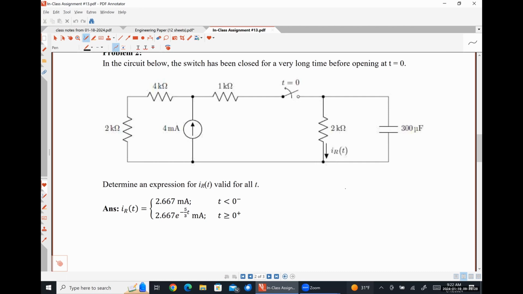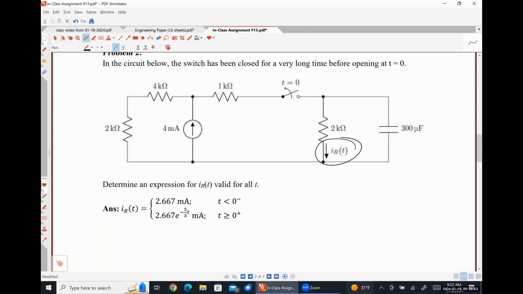So we're effectively going to follow the exact same steps as before, except that when we get to step 4, instead of finding REQ and LEQ, we're going to find REQ and CEQ. Okay. Now, I want to point something out here. We're only asked to find this resistor current IR of t. That being said, we need to know what's going on with the capacitor as well.